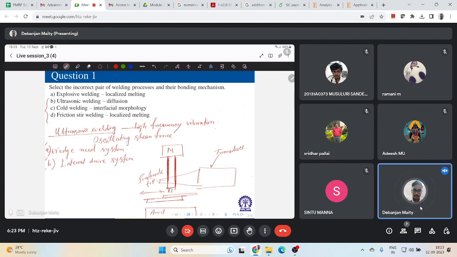And here the mechanical vibration is getting transferred to the workpiece. Now here the anvil also can sometimes act as a vibrating part. And when this kind of system is used in ultrasonic welding, this is mostly used for sheets with large thicknesses.